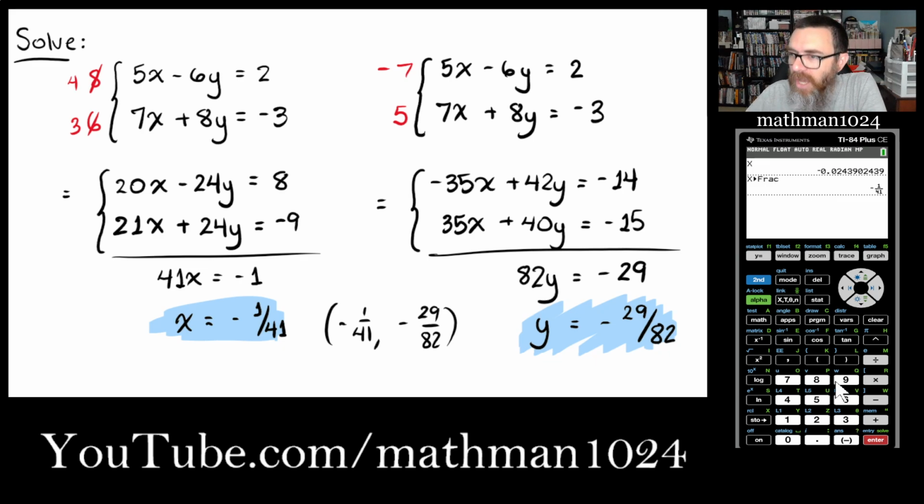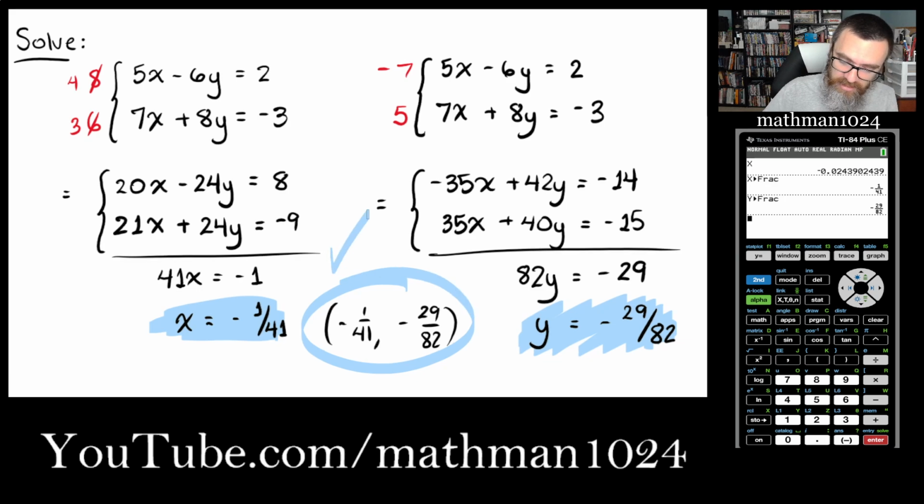Now for y, since there's no specific y button, we do alpha 1 for the y and also convert this to a fraction. It says negative 29 over 82. So with the graphing calculator, we've confirmed that our answer is correct.